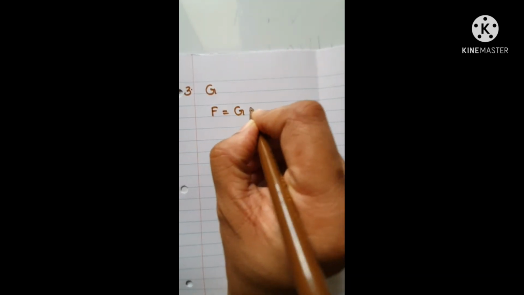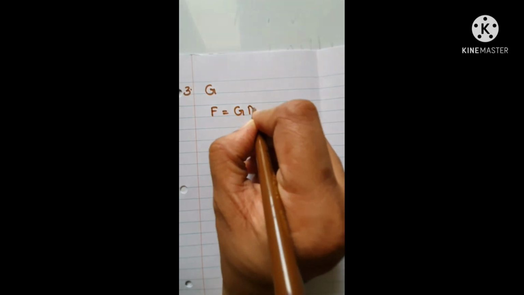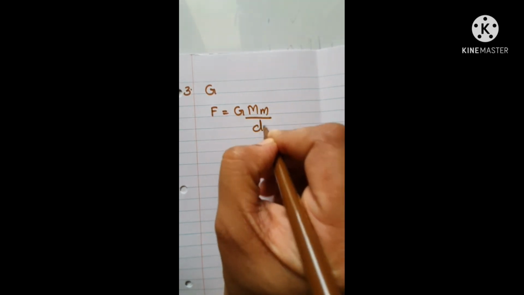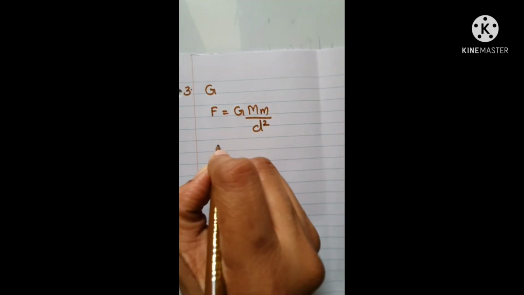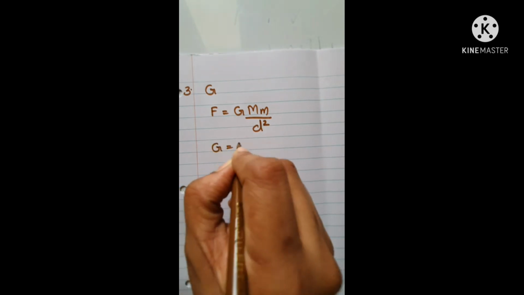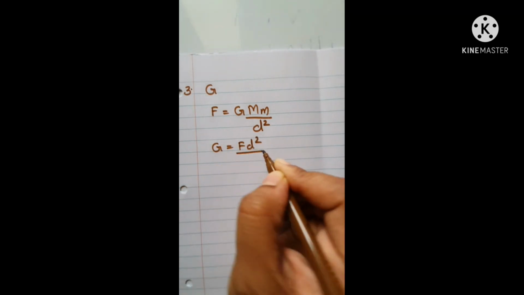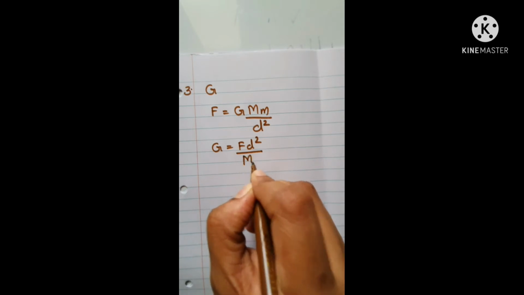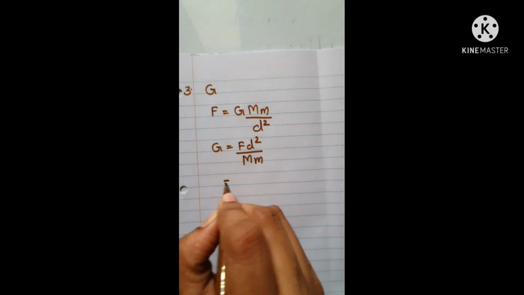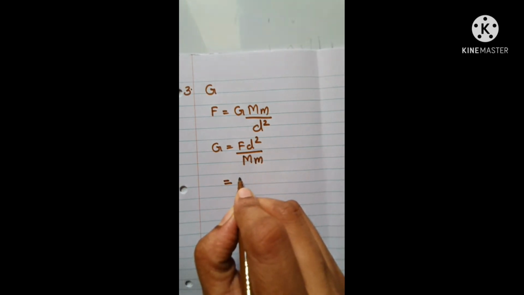Third one is G. We know that is the universal gravitation constant. We know that F is equal to G m m divided by d square. From this we can write G is equal to F d square divided by m into m. Now we will write the dimensional formula for force.